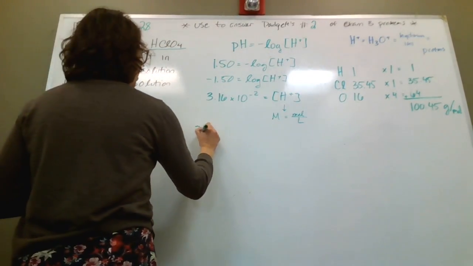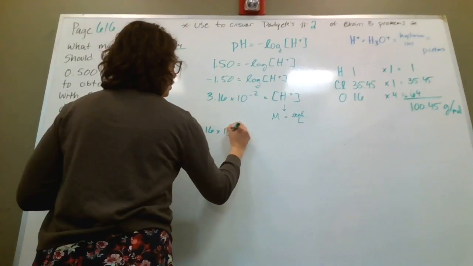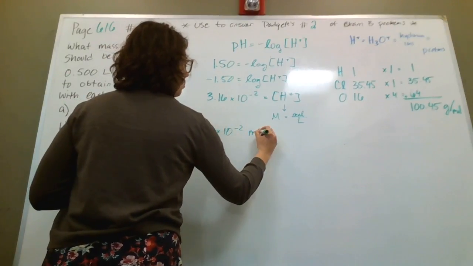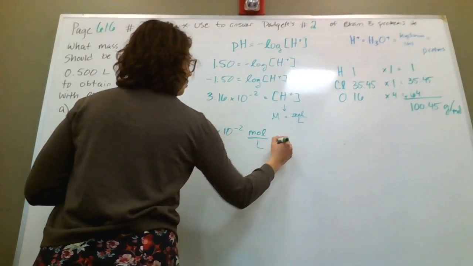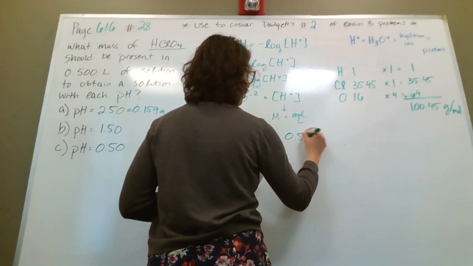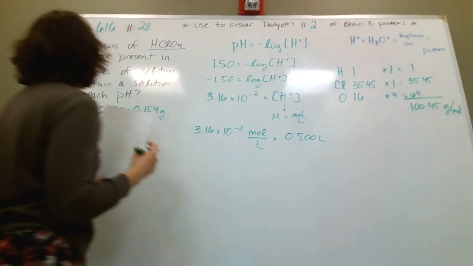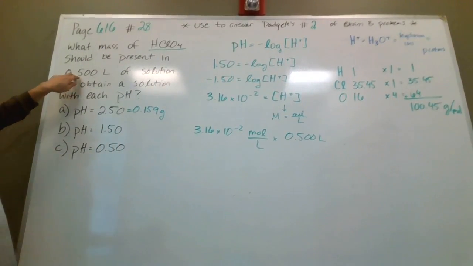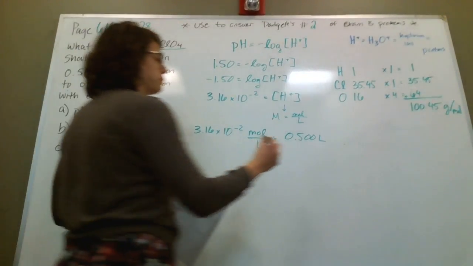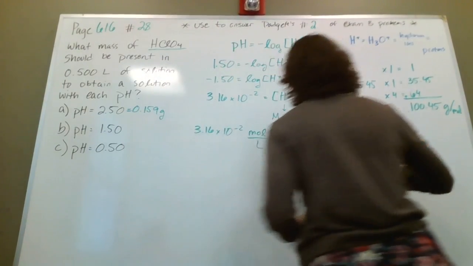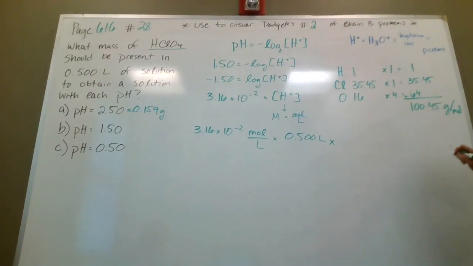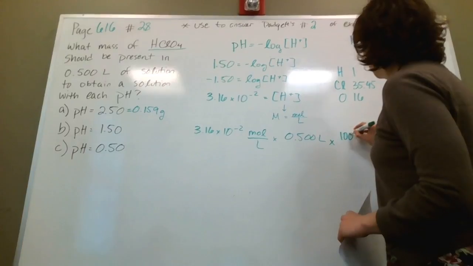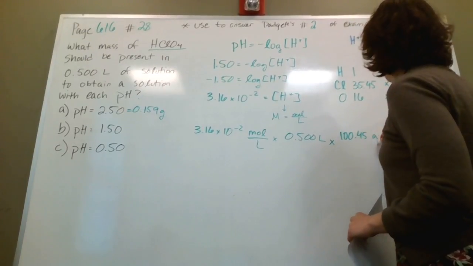So now we can use 3.16 times 10 to the negative 2 moles per liter multiplied by 0.500 liters, which is over here, what is the mass of HClO4 that should be present in 0.5 liters of the solution. We multiply that by our grams per mole, which we found earlier, 100.45 grams per mole.